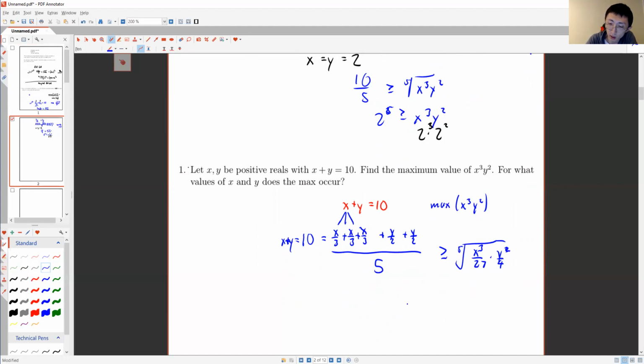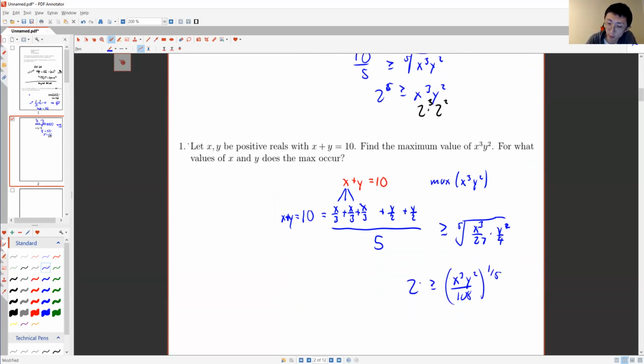So this says 2 is greater than or equal to x cubed y squared over 108 to the 1/5. So this will be 32 times 108, whatever that is, greater than or equal to x cubed y squared.